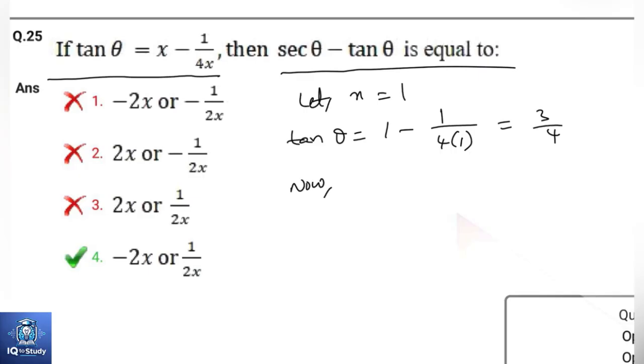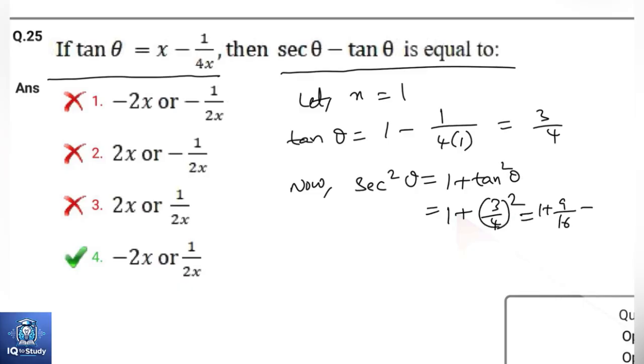Now we know that secant square theta is equal to 1 plus tan square theta, which is equal to 1 plus 3 by 4 whole square, that is equal to 1 plus 9 by 16, which is equal to 25 by 16.